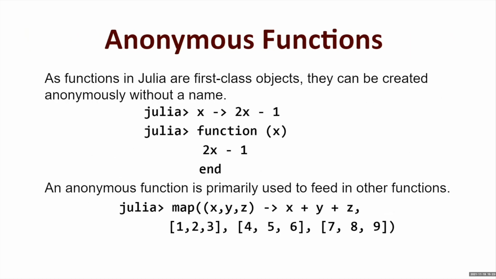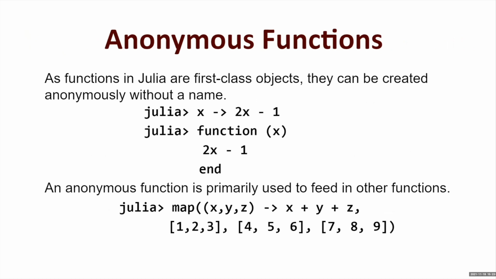Okay, so now we go to another more interesting topic called anonymous functions. In many cases, you want to define a name for your function. You want to call it my function and take A and B, then do the addition of A and B, or the sum of an array. You give a name for it.